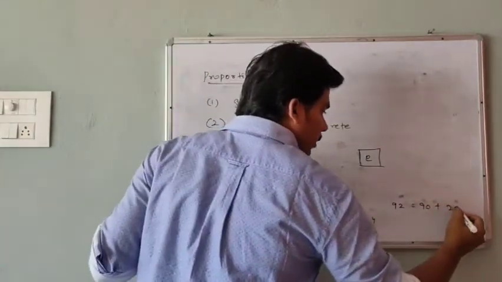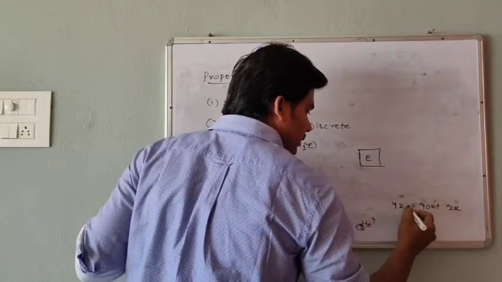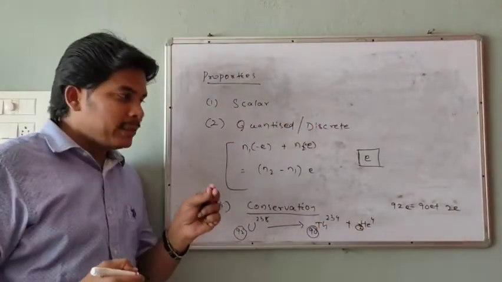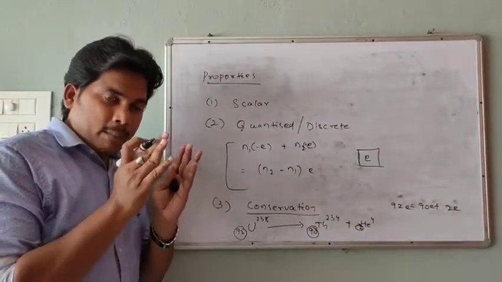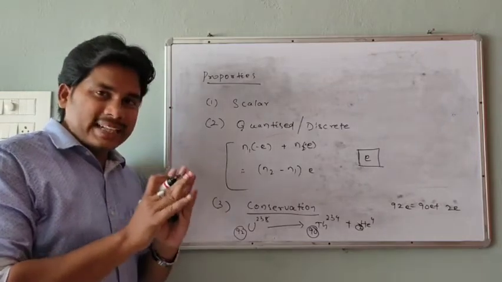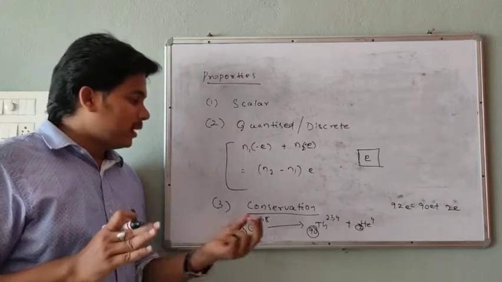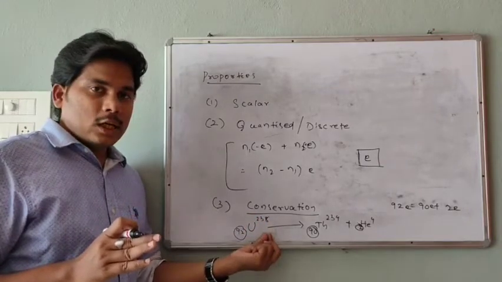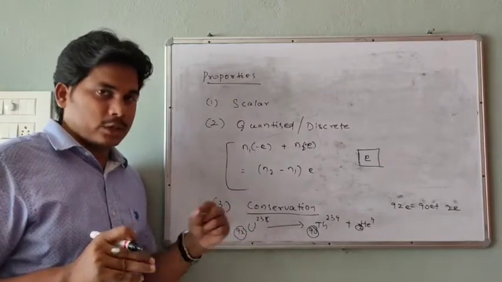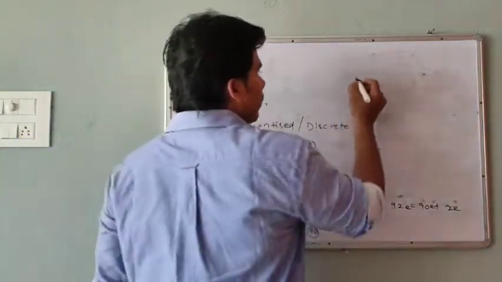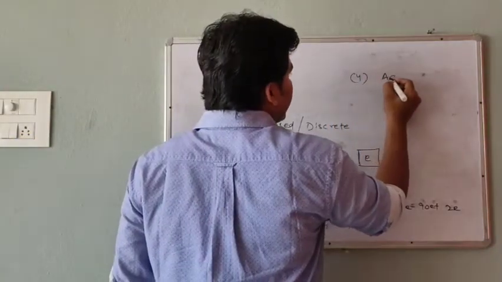This is the number of charges, 90 plus 2 equals 92. That means the net charge is constant in a conserved system. That's why charge is always conserved. It always obeys the conservation property. Next is the additive nature of charge.